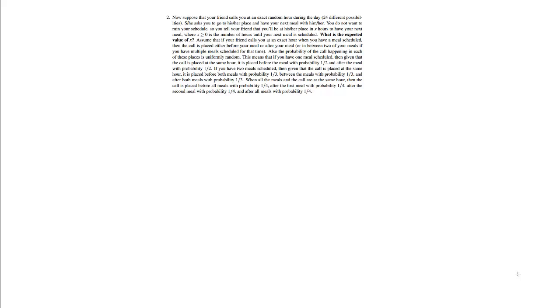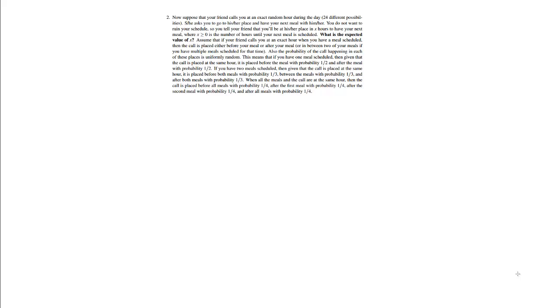But this is slightly misleading, because the amount of time between meals is not exactly 8 hours. The amount of time can be either shorter than 8 hours or longer than 8 hours. And it's not clear that the effects of these two cases cancel out. So we should work this out more carefully.